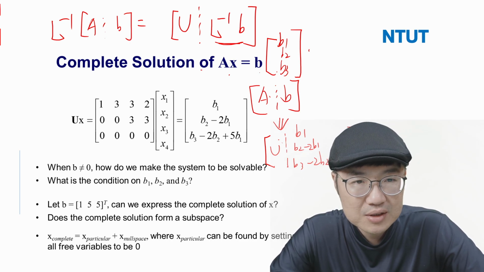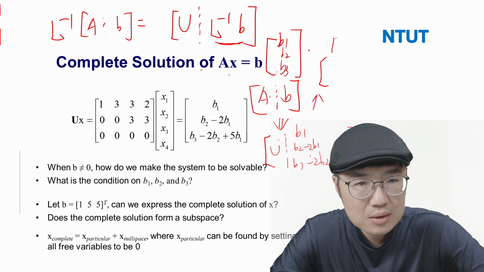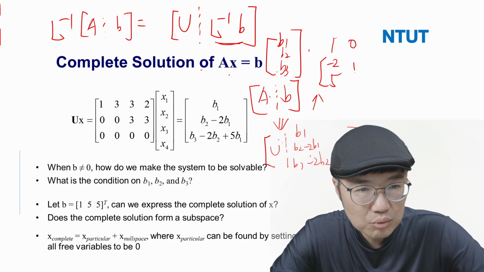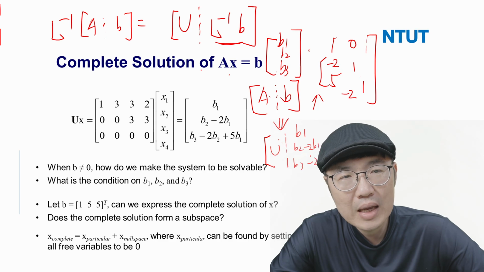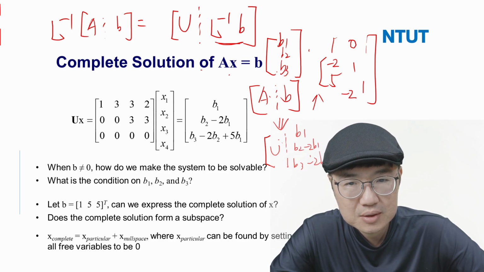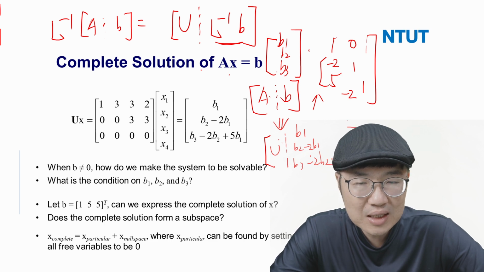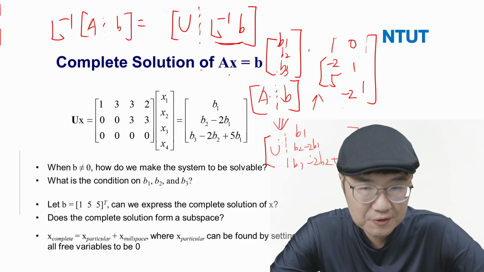So the L inverse can be found using this structure: 1, minus 2, 5, 0, 1, minus 2, and 1. The L inverse.